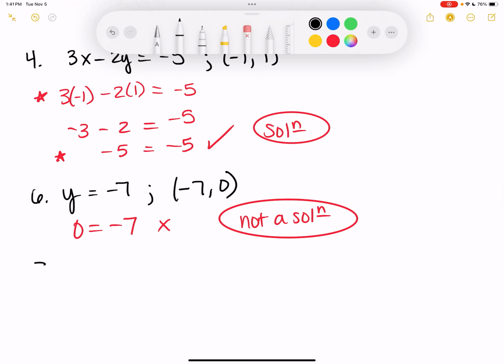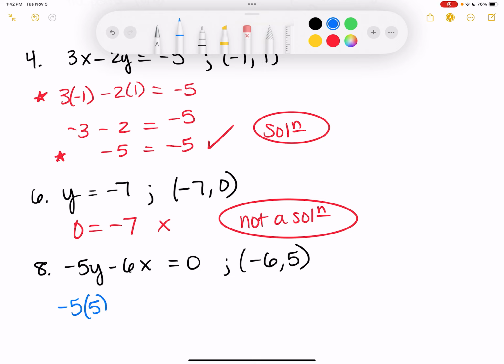Number 8, -5y minus 6x equals 0, and the point that we're plugging in is (-6, 5). So what gets plugged in for y and what gets plugged in for x? -6 is for x and 5 is for y. So I've got -5 times 5 minus 6 times -6 equals 0.